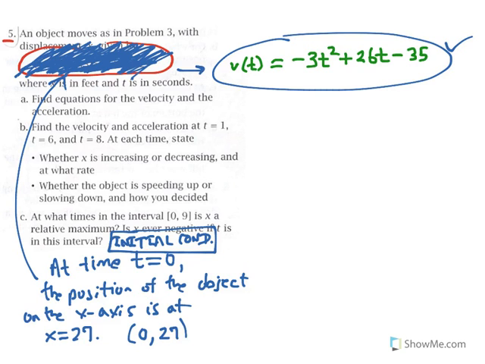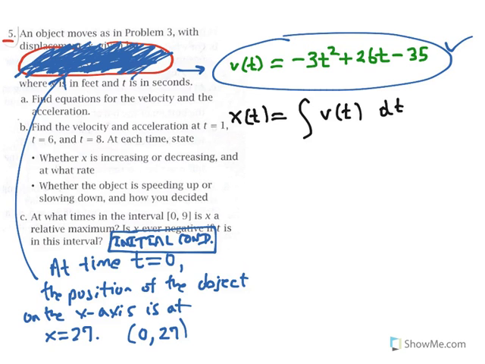Velocity is the derivative of the position function, so the position function is the antiderivative of the velocity function, or the indefinite integral. So the position function can be found by finding an antiderivative of the velocity function, also called an indefinite integral. Don't forget to write the dt here. And remember, for an antiderivative, there are no limits of integration for an indefinite integral.